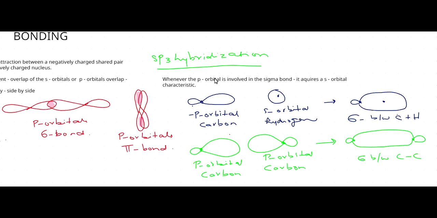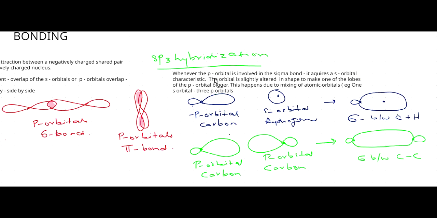So the s orbital of the carbon atom will mix with the three p orbitals of the carbon atom. It's not overlapping. I'm not making a covalent bond. But this one s orbital might merge, it might mix with the three p orbitals.